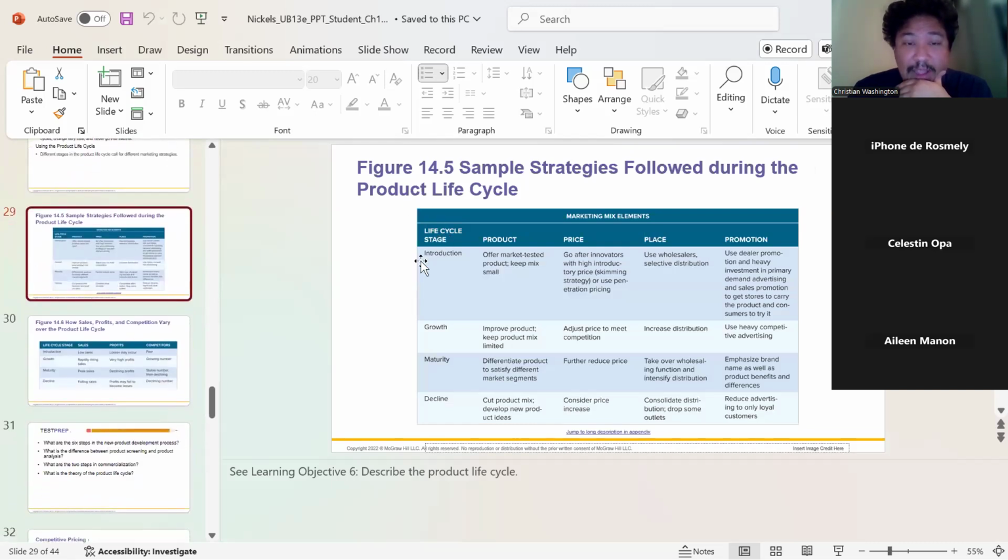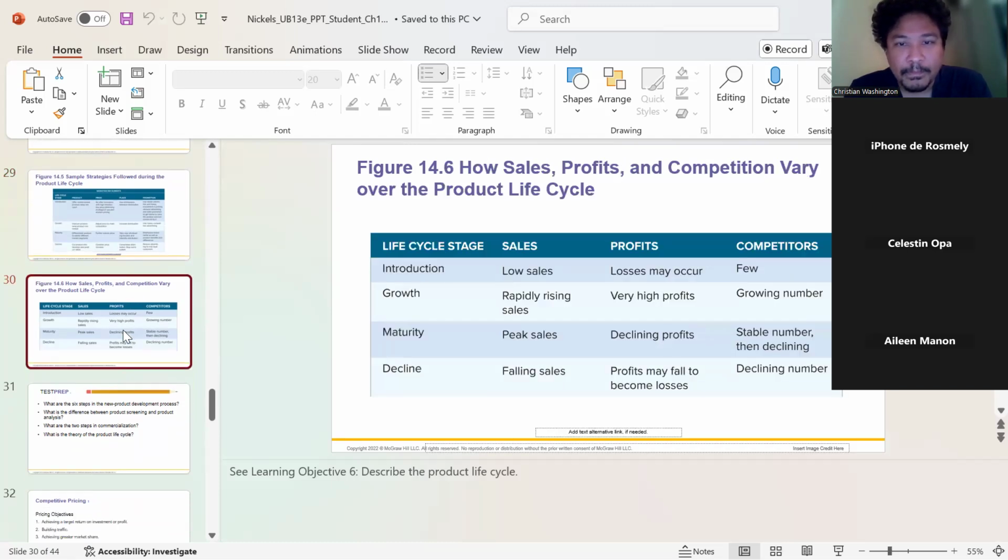You'll see the product life cycle: introduction, growth, maturity, and decline, which is sort of that wave you saw in the chart, is matched to the marketing mix: product, price, place, promotion. Those are all very categorical to marketing, right?